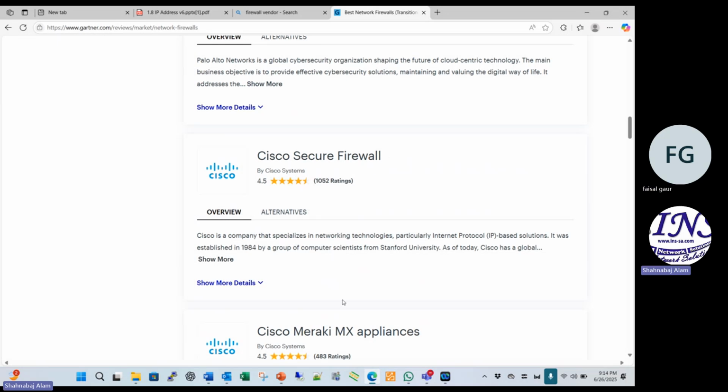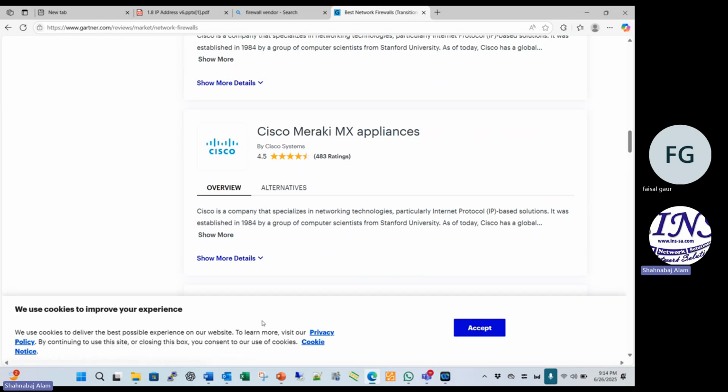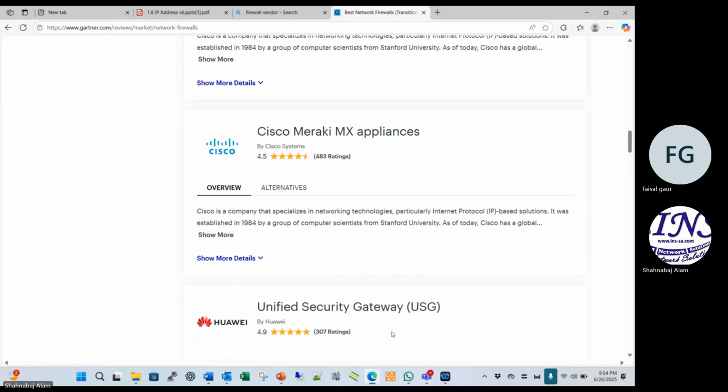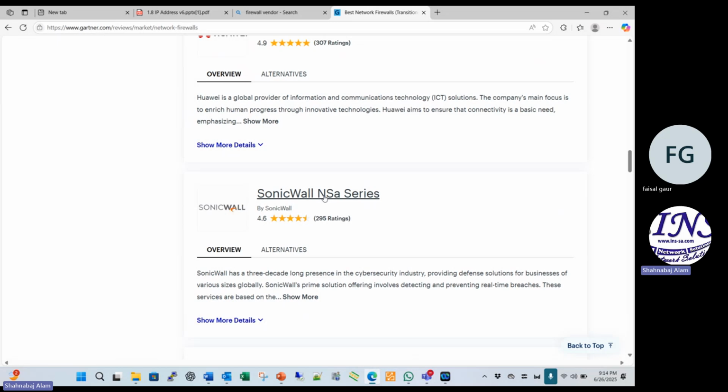Cisco is a company that specializes in network technology, particularly internet protocol based solutions. It was established in 1984. And we also see here Check Point's Maestro, the unified security gateway. There are lots of vendors: SonicWall is a company there too.